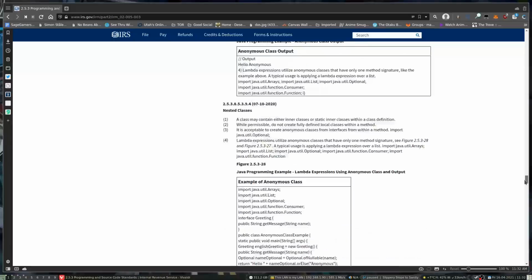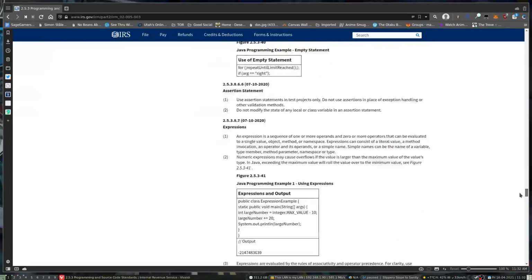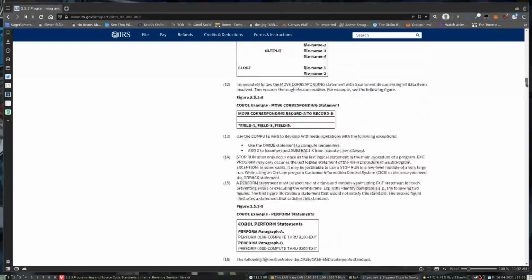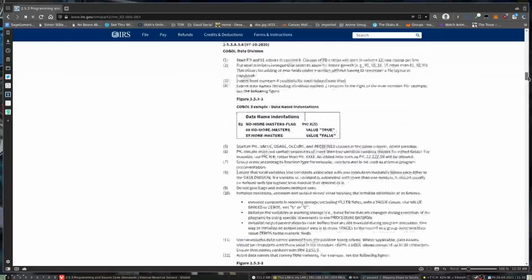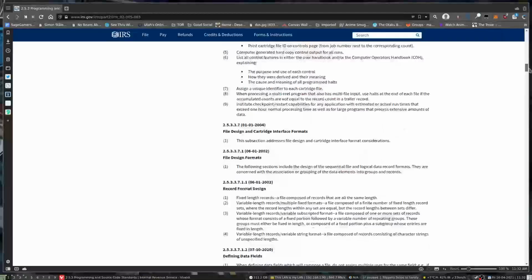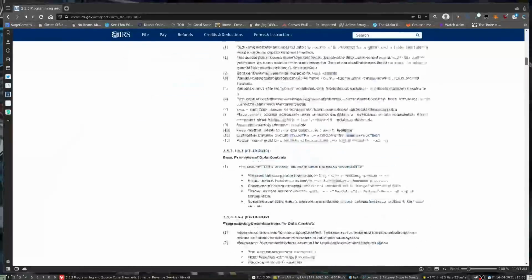So Java seems to be the one with the most examples, and it's understandable. Java's kind of a mess of a language. And then COBOL seems to have a lot of examples, purely due to the fact that a lot of people don't know it.